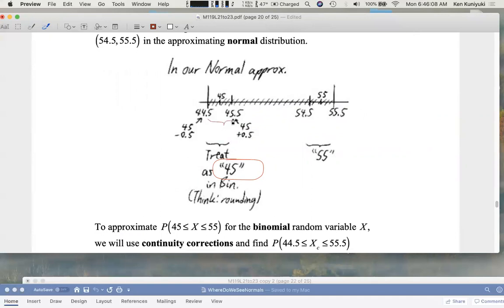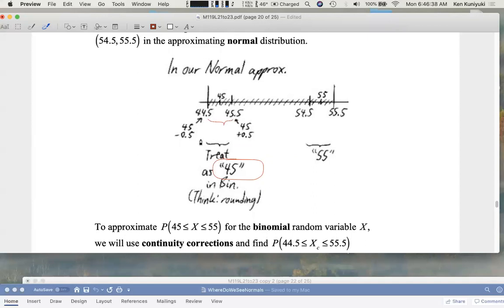What are the real numbers that round off to 45 to the nearest integer? It's the interval from 44.5 to 45.5. To get these goalposts, these fence posts, I take 45, I subtract 1/2 or 0.5 to get the 44.5, and I add 0.5 to get the 45.5.